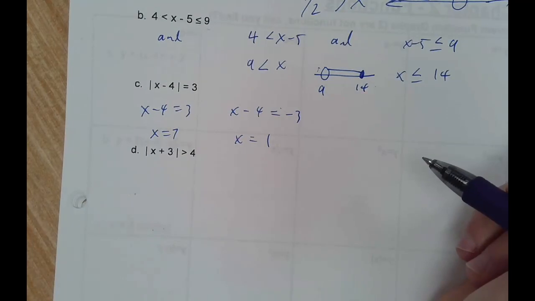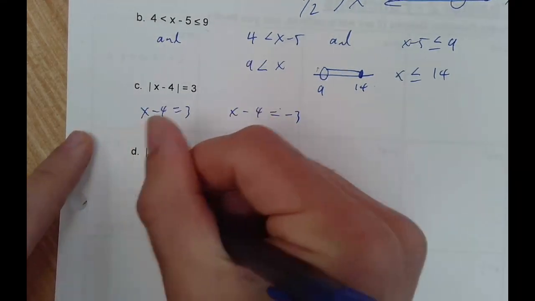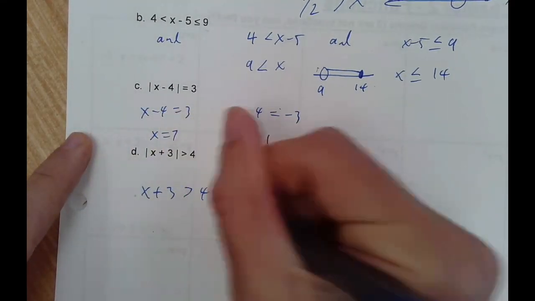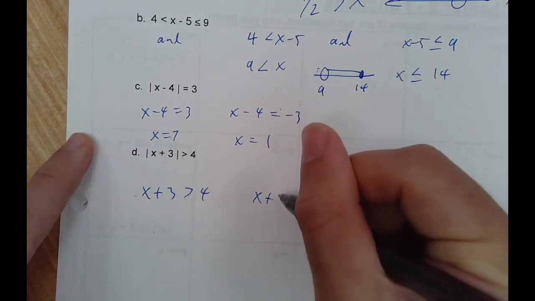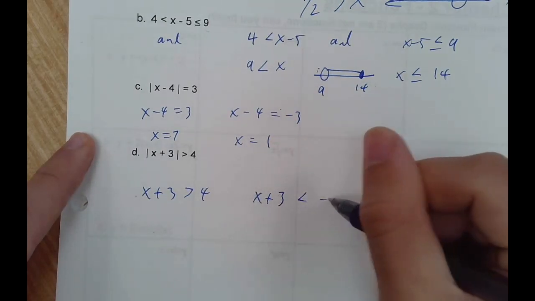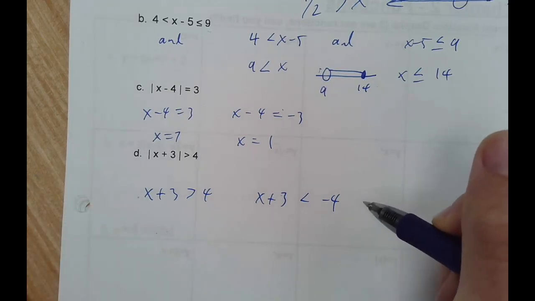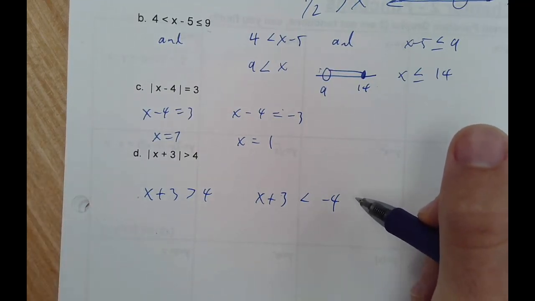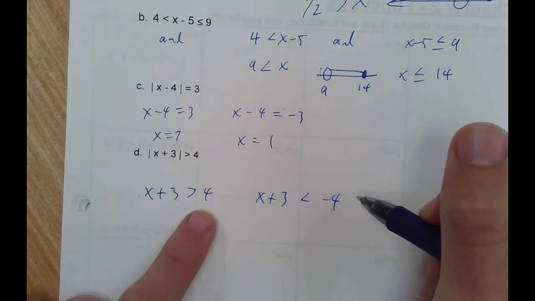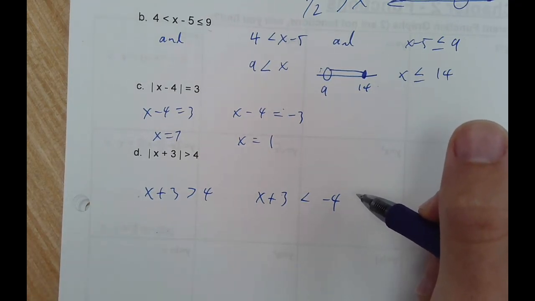When it's an inequality with an absolute value, same thing, it could just be greater than 4, or it could be less than negative 4. I know that's kind of confusing, like why are we switching the signs? The way I think of it is like a magnitude, right? The magnitude of the number needs to be 4 or larger, or negative 4 or smaller.